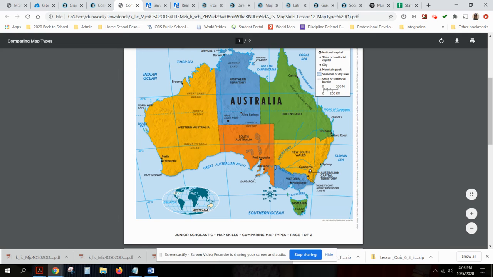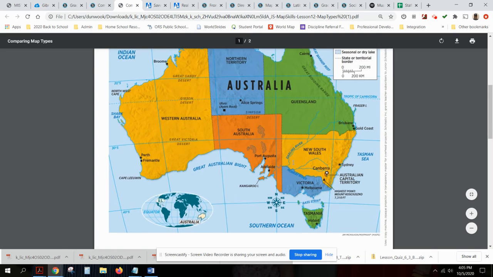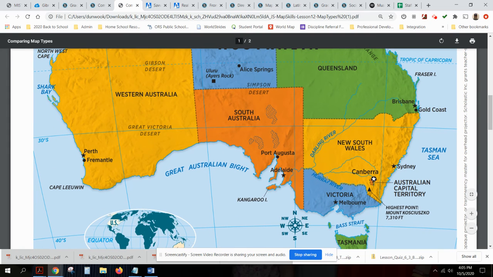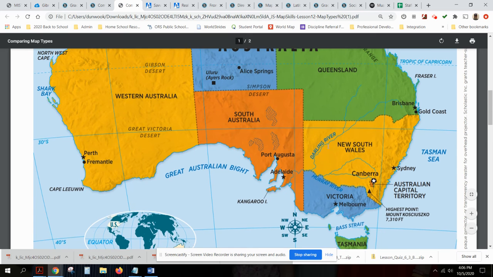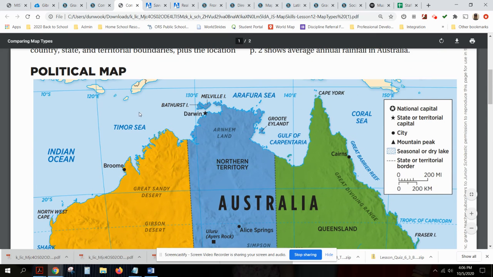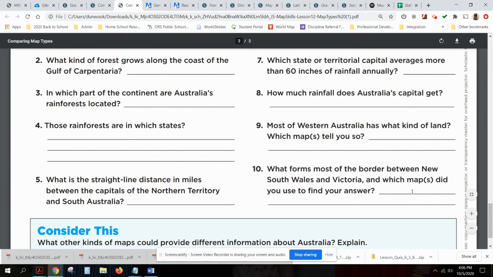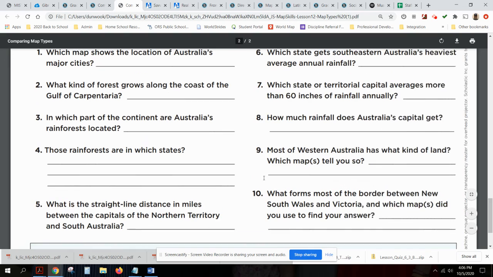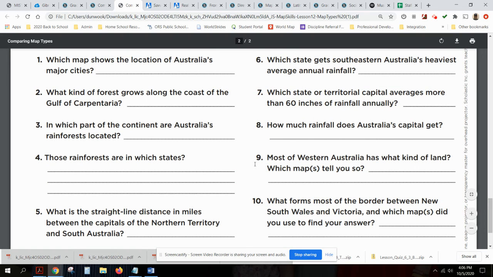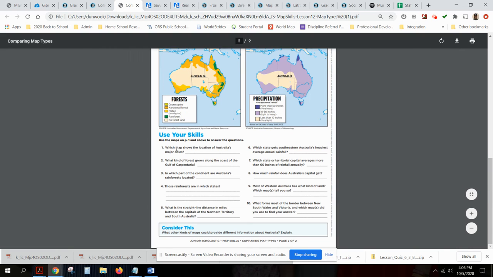Victoria is here. What forms most of the border? Well, if I zoom in on this, I can see that most of the border is formed by the Murray River, and that can be found on the political map. So I go down to number 10. I write in Murray River and political map. So answer the remaining questions on this page, and when you're done, you can turn it in.